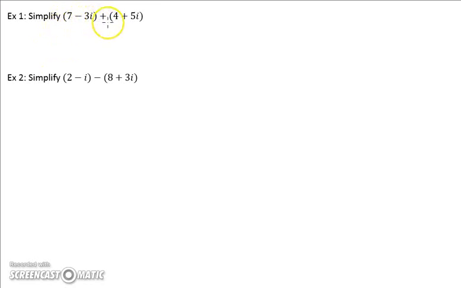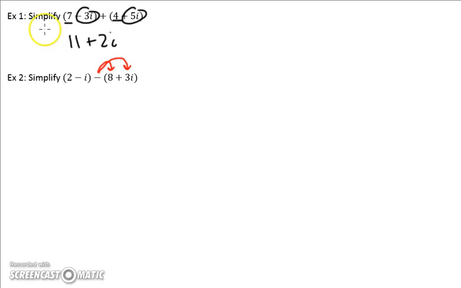7 minus 3i plus 4 plus 5i. We have 7 and 4, which gives us 11. Negative 3 and 5 gives us 2i. Now we do have to be a little bit careful when we are subtracting. We have to make sure that we distribute that negative sign through the set of parentheses.